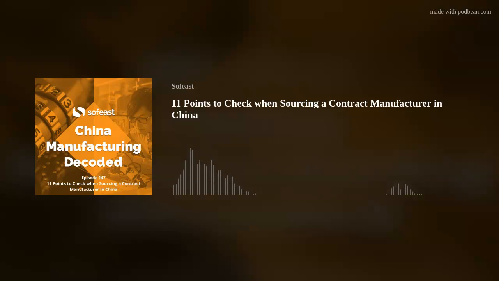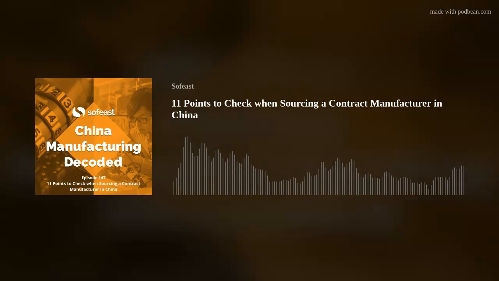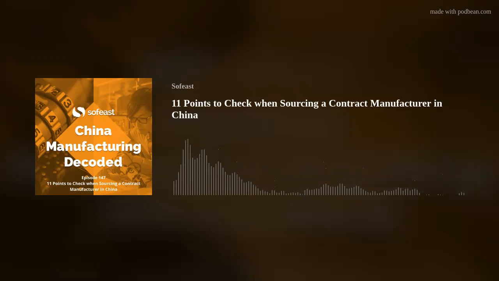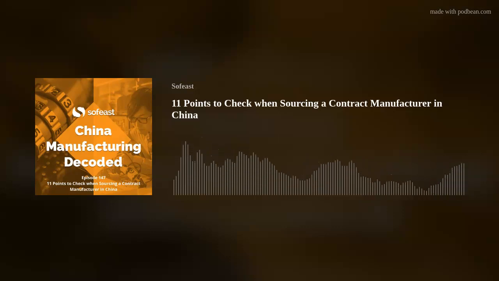Second point, is it high volume, low mix or low volume, high mix? What exactly are you going to order? Are you going to order just one SKU, one type of product in one color, one size, and that's it? That's more interesting.